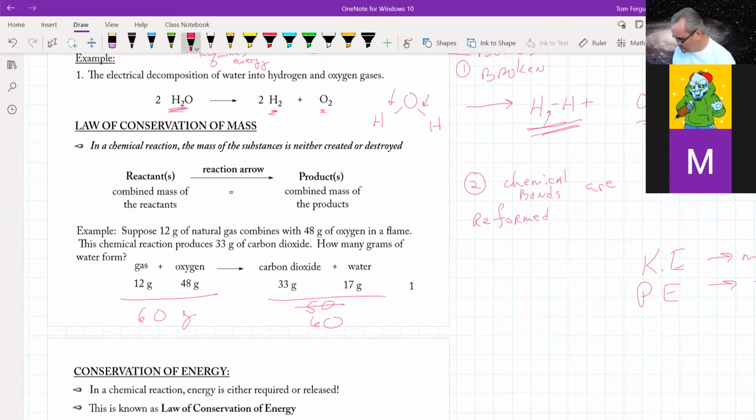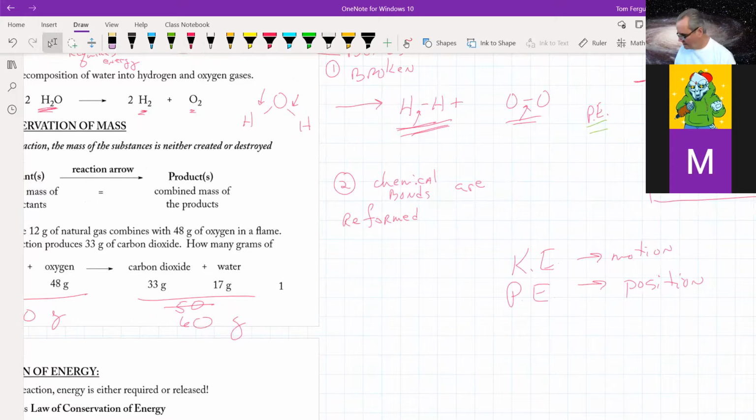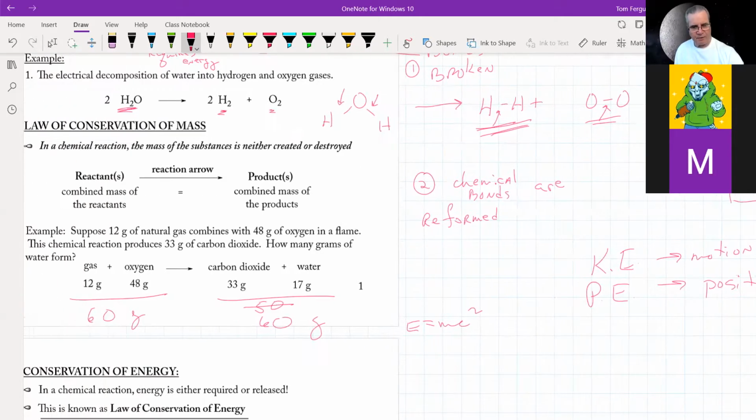This needs to be 60. Anyway, whatever mass we start with, we end up with the same mass, unless we have the E equals MC squared process going on.